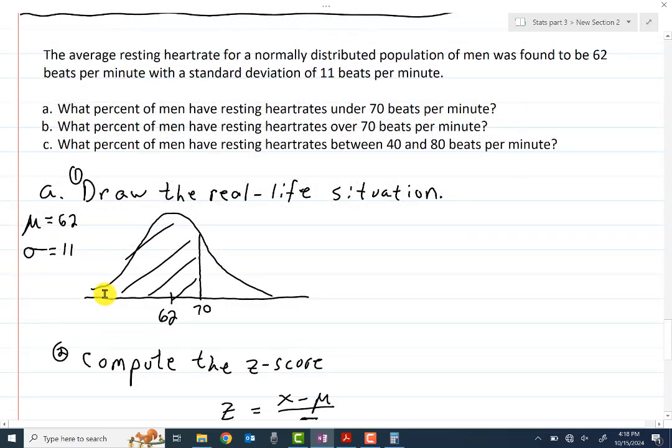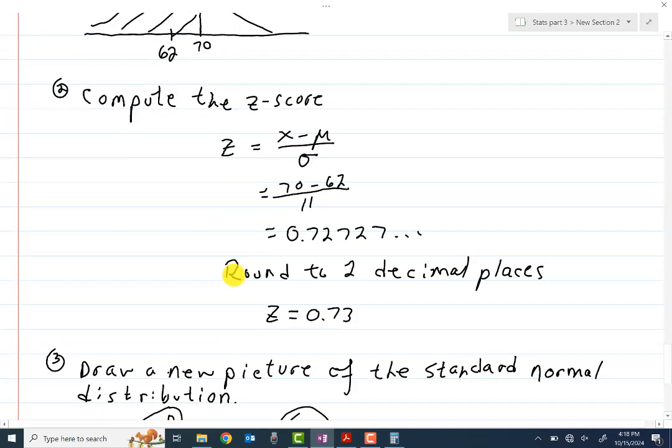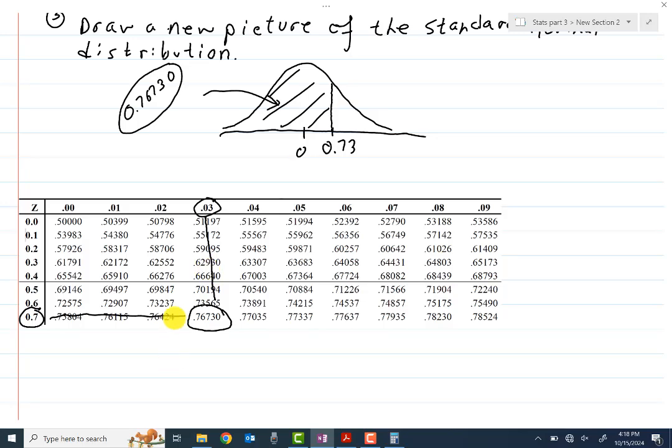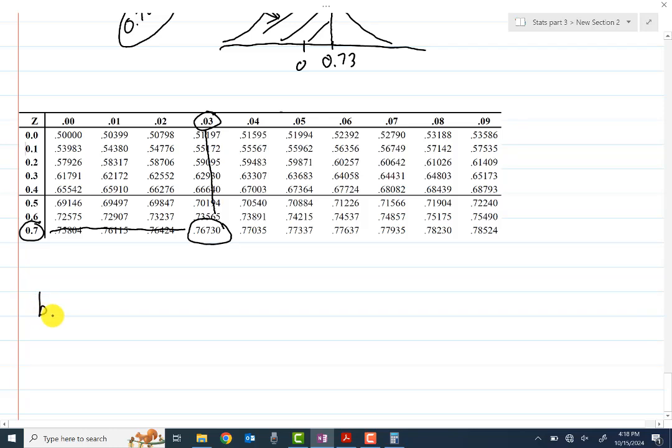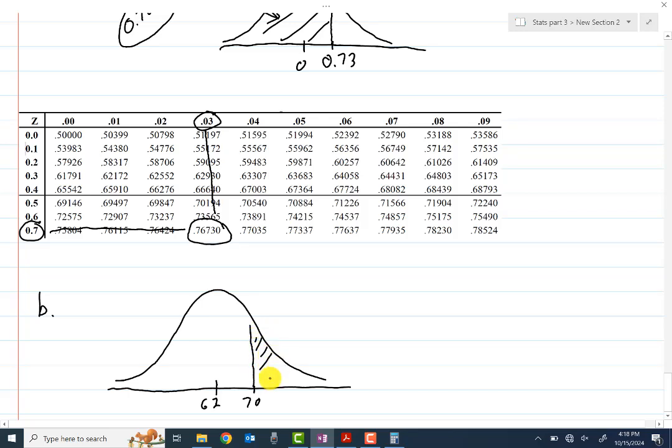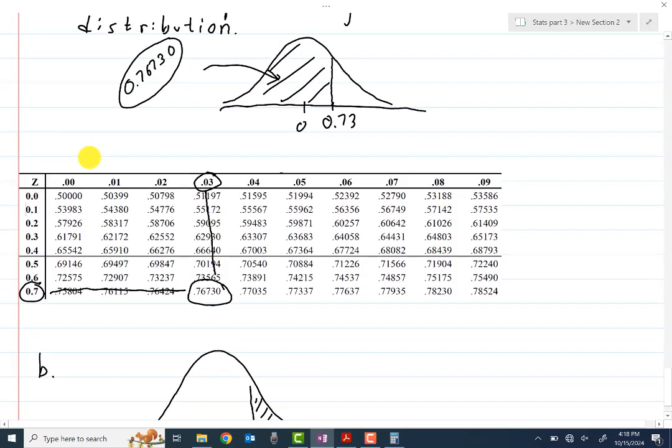Part B is a companion to part A. Now we want above 70 beats per minute. This time we went to the right. Now, you don't need to do any more. I'll show you why.